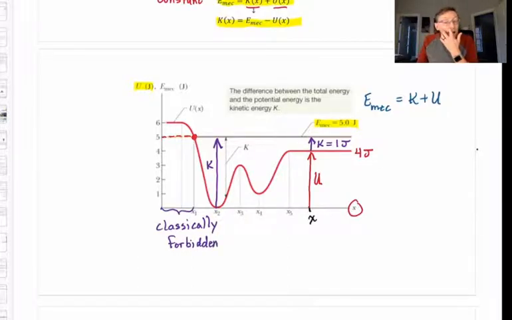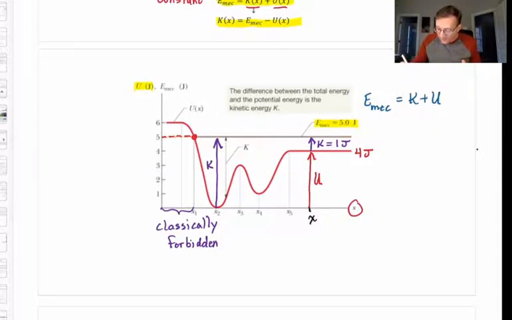So there's a lot of information in a potential energy curve, especially when you add the mechanical energy line on top of it. And there'll be some Wiley Plus homework on that. Okay? And I hope that this video lecture is helpful for you in interpreting that. We're just getting started with potential energy curves in this class. They'll be showing up again and again and again in other classes.